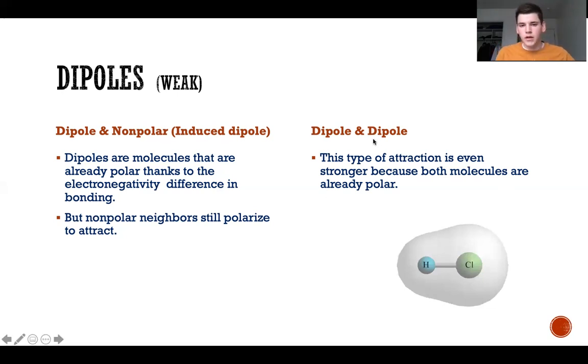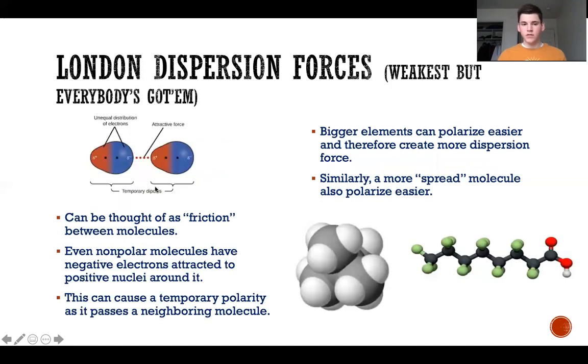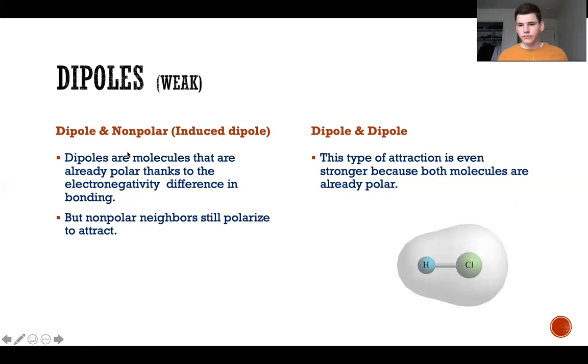But that's for pure substances, for example. If you have a mixture of one substance that is polar and has dipoles and one substance that isn't, perhaps a pure element mixed in there, then those nonpolar molecules will still polarize just like with London dispersion and stretch and move their electron clouds a little bit, especially because now they're being pulled by a stronger negative or stronger positive instead of just a neighboring nucleus or electrons.